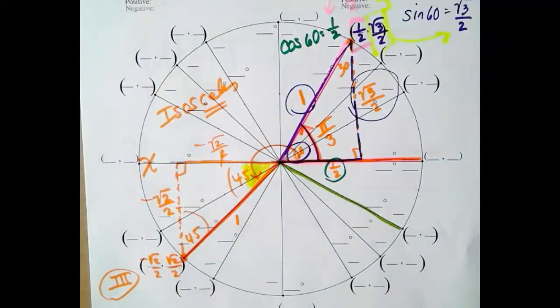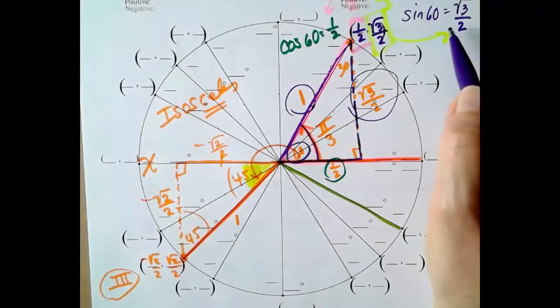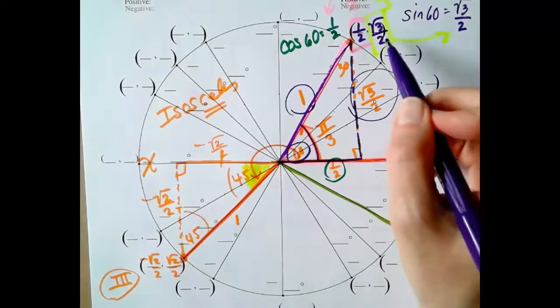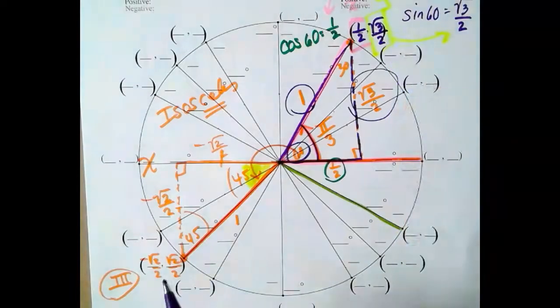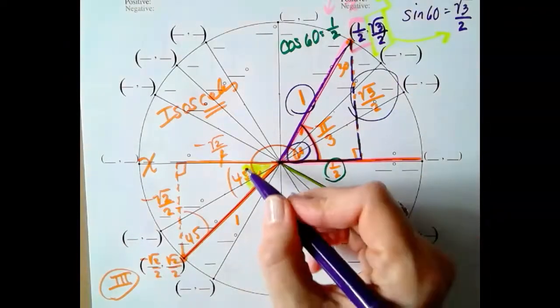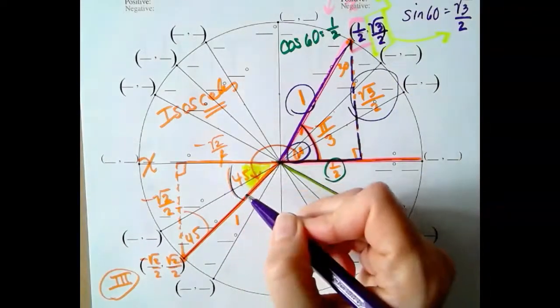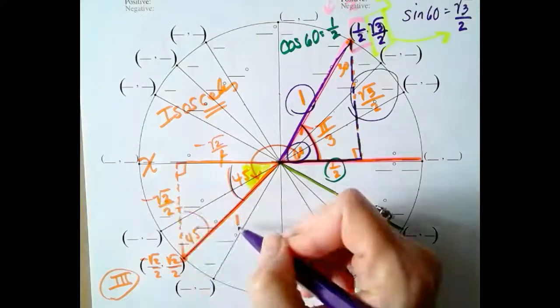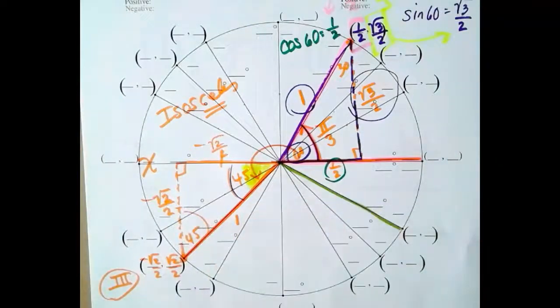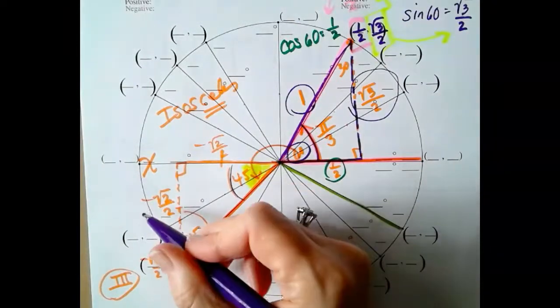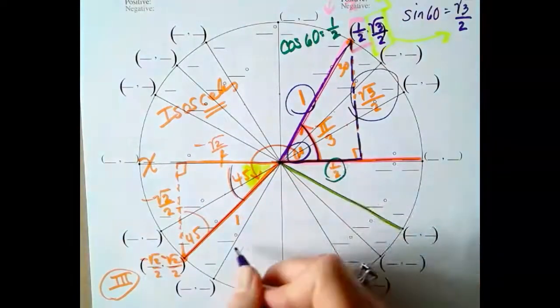So what is our sine value? We just saw on the first triangle that the sine value is equal to the y coordinate. It's still true right down here because if this is our angle in question, what's opposite over hypotenuse? Opposite over hypotenuse is negative root 2 over 2.